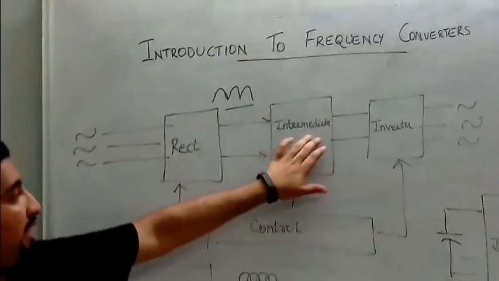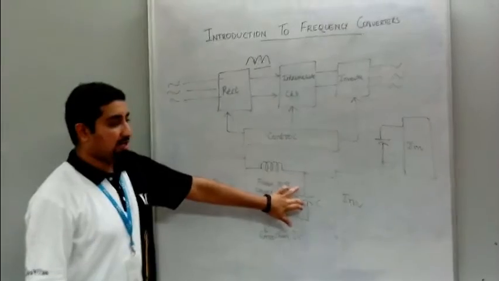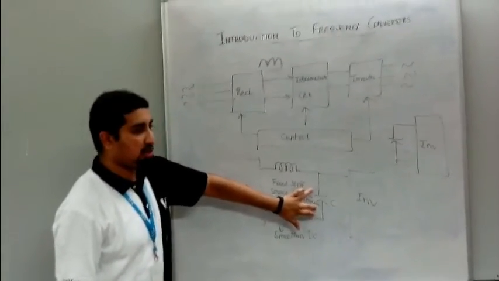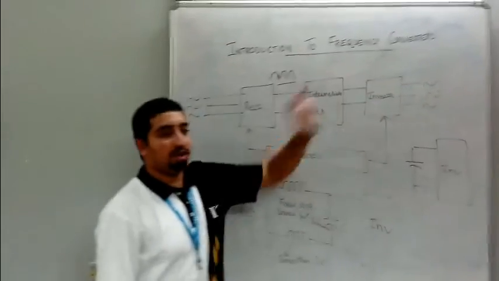So we are getting a pulsating DC here that is smoothened by the intermediate circuit whose circuit looks something like this, and then that is being fed to the capacitor, and the capacitor will hold the charge and it will act as a fixed stiff DC voltage for the inverter circuit.